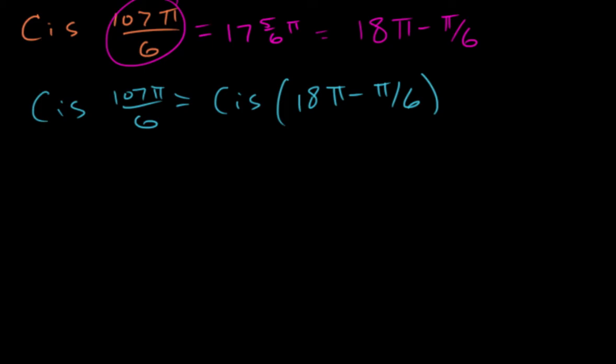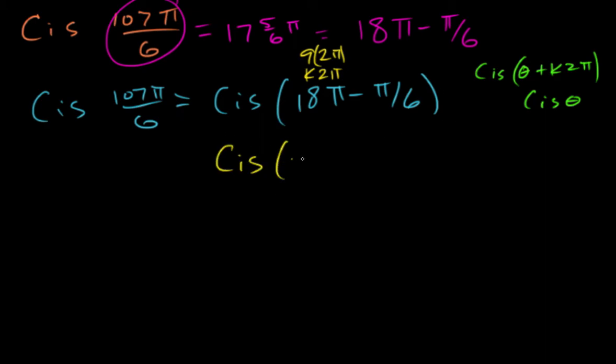We had the property that said cis of theta plus k times 2 pi equals cis theta. So this is like our k times 2 pi, because that would be 9 times 2 pi. And so we're just left with cis of negative pi over 6.